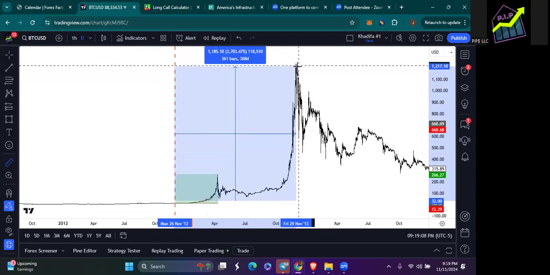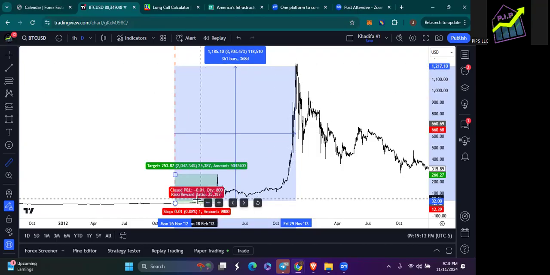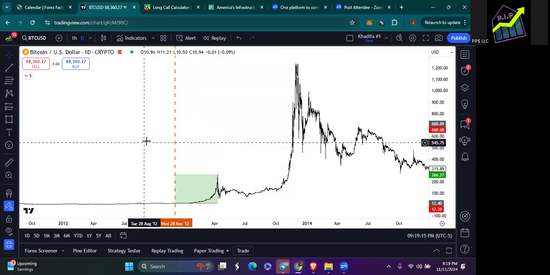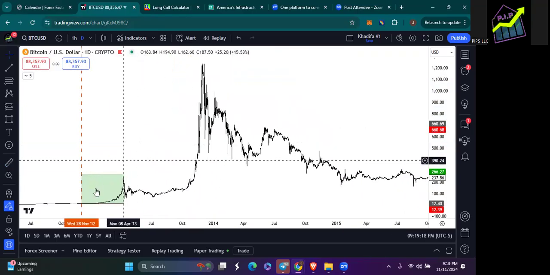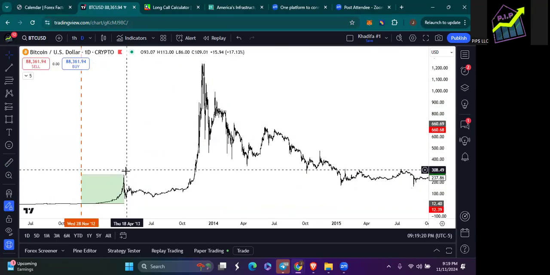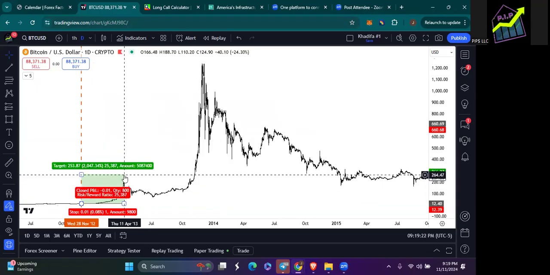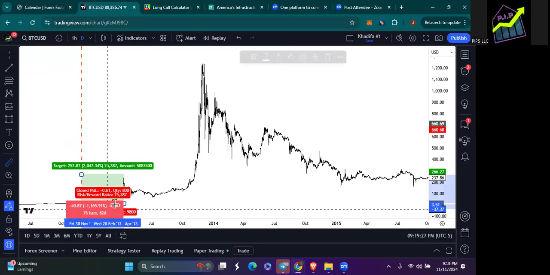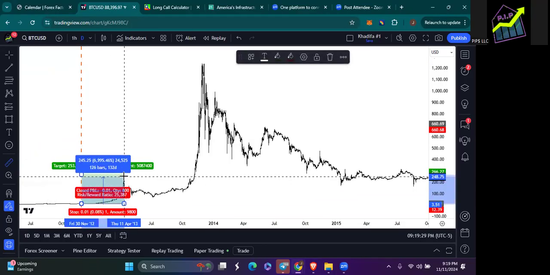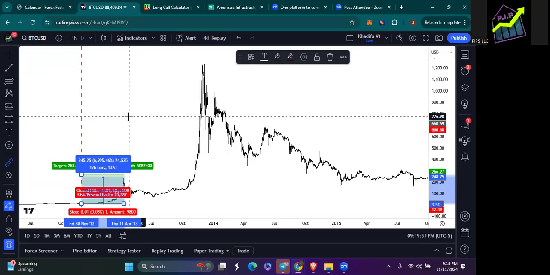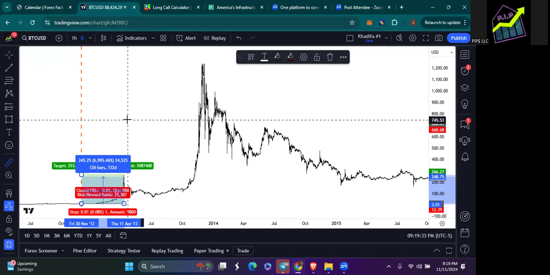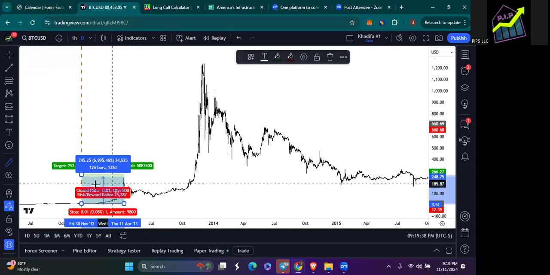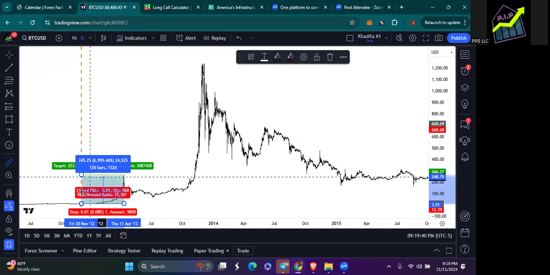And I really didn't even use this high for the measurement of this halving. I only used this high for the measurement of this halving, and that played out within a little over 4 months.